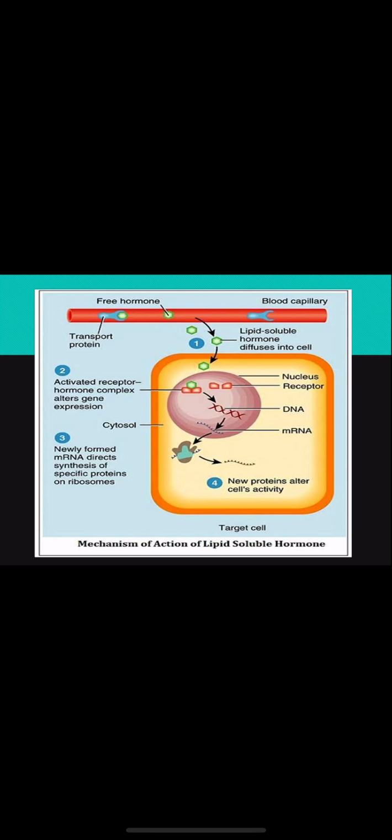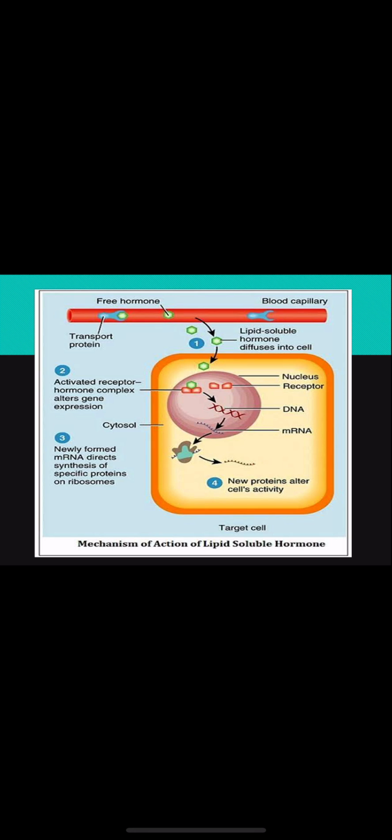Then there are some hormones like steroid hormones that use this mechanism where the hormone diffuses into the cell and goes into the nucleus and binds to the DNA, to the hormone response element, and activates the DNA for transcription. There is transcription occurring, messenger RNA is made, and then there is translation occurring, proteins are made, and these proteins are the ones that are responsible for the cellular activities that are gonna take place.